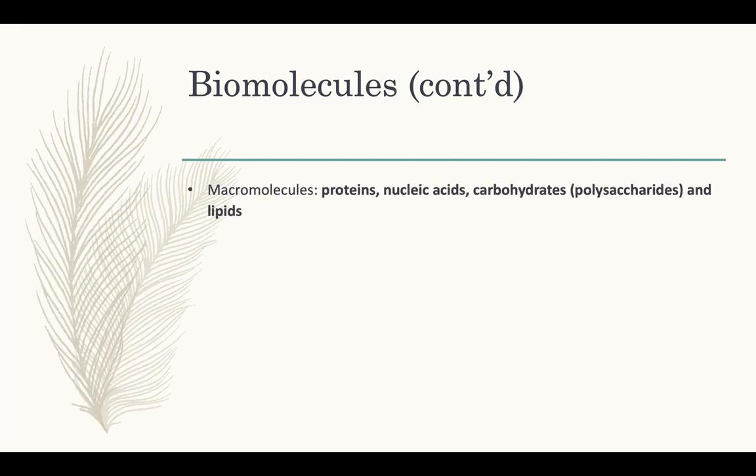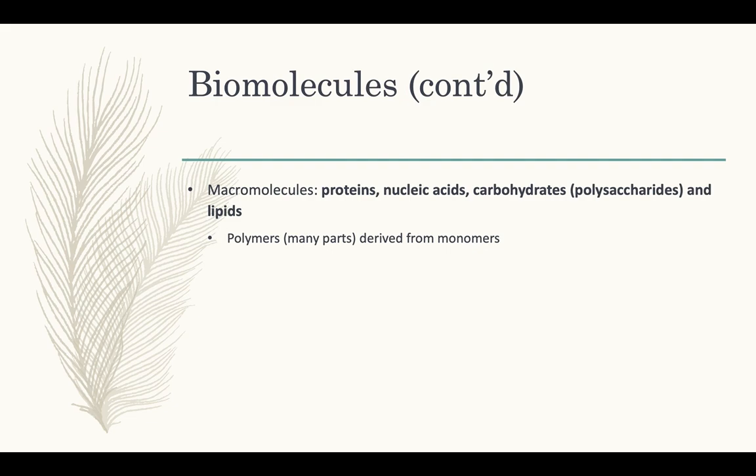Moving on, living cells include very large molecules, otherwise known as macromolecules, such as proteins, nucleic acids, carbohydrates, sometimes known as polysaccharides, and lipids. These biomolecules are said to be polymers, a Greek word which translates to many parts.